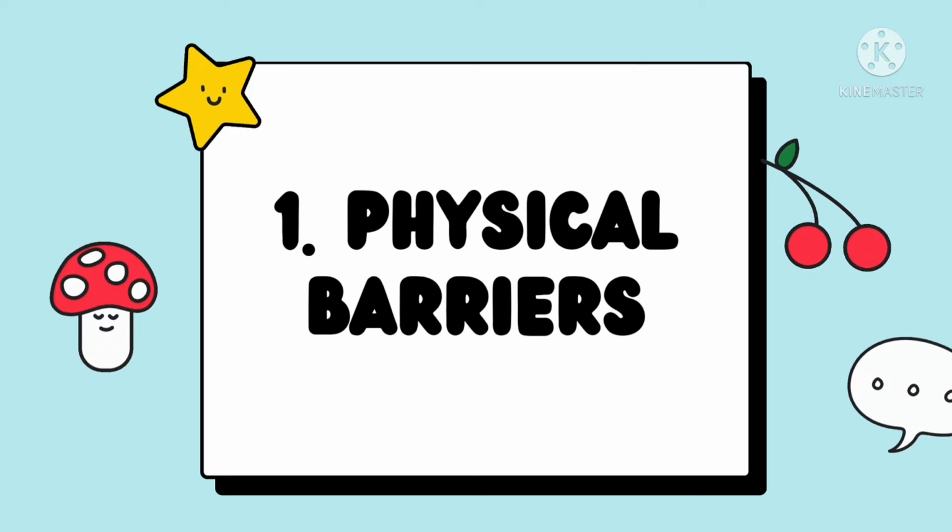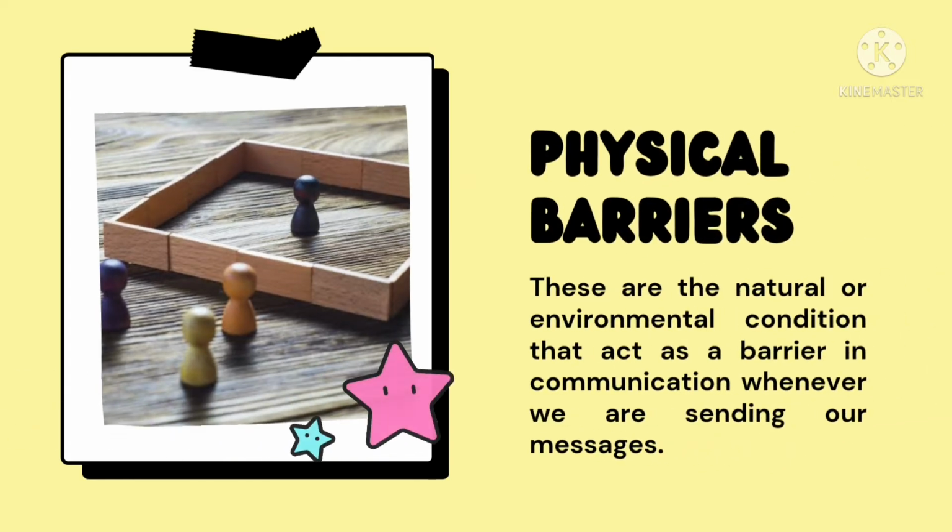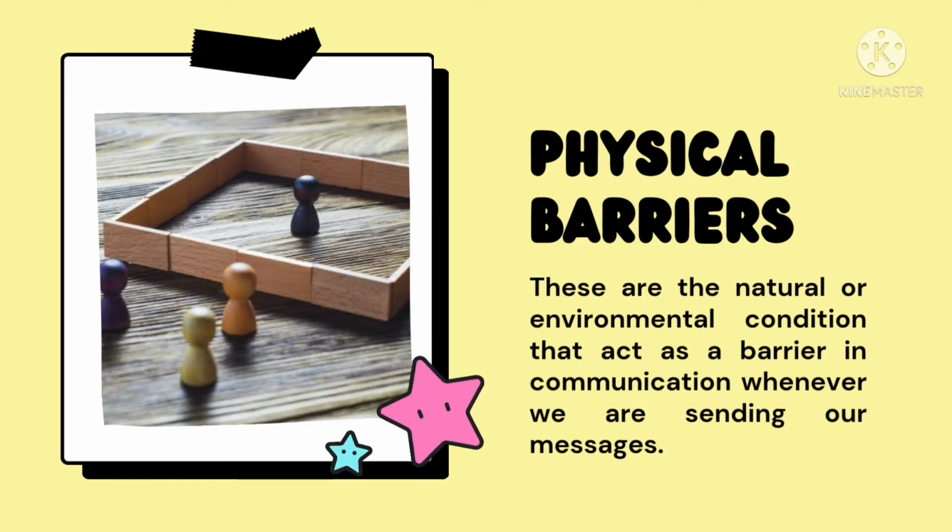In communication, we have what we call physical barrier. Physical barriers are the natural or environmental condition that act as a barrier in communication whenever we are sending our messages.